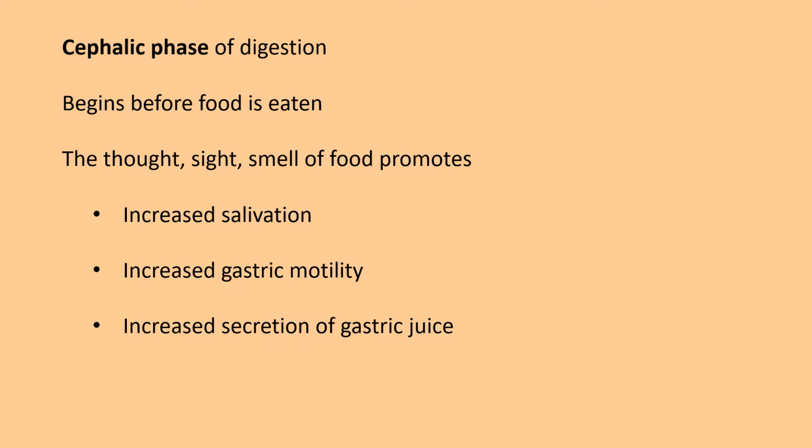So the cephalic phase of digestion is triggered before any food or beverage is ingested. And the stimuli for the cephalic phase of digestion include seeing food, smelling food, thinking about food, or even if it's the right time of day for you to take a meal, that cephalic phase of digestion is initiated.